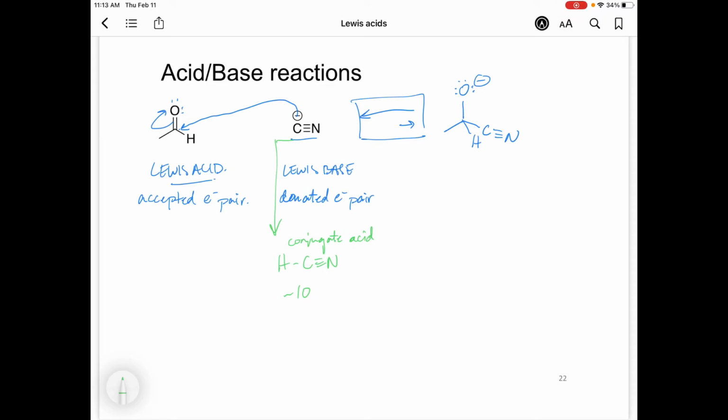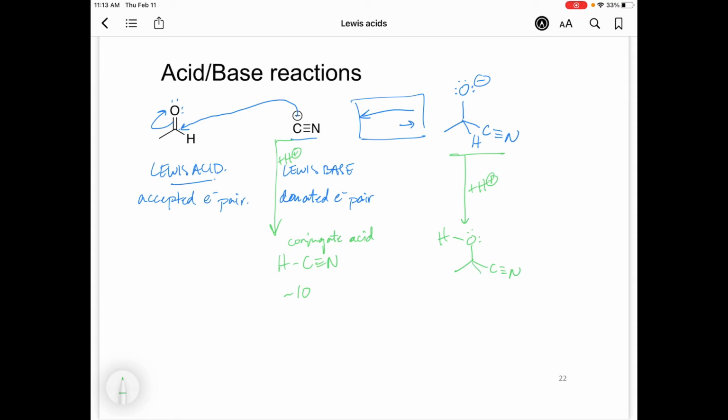All right, and let's look over here. Here's our product. Now, the conjugate acid of this, if we add a proton to it, so we're adding a proton to figure out the conjugate acid. Okay, the conjugate acid of this alkoxide would be an alcohol.